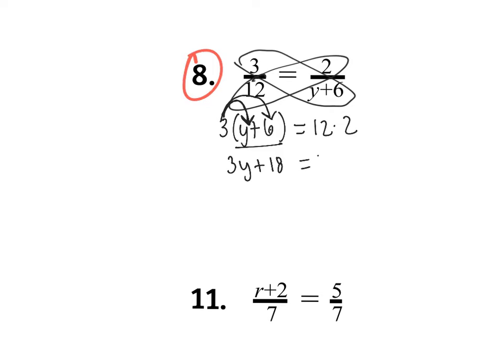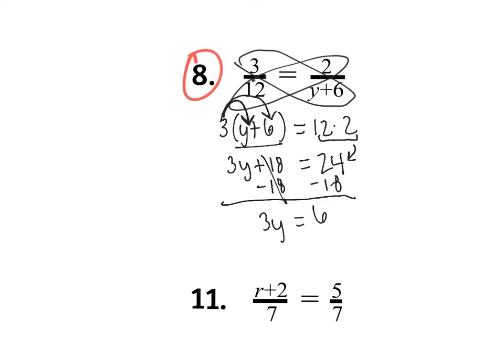So this is really where I'm at. And I know 12 times 2 simplifies to 24. So I have 3y plus 18 equals 24. I'm just solving it like a normal equation. So I'll subtract 18 from both sides, and I'm left with 3y equals 6.